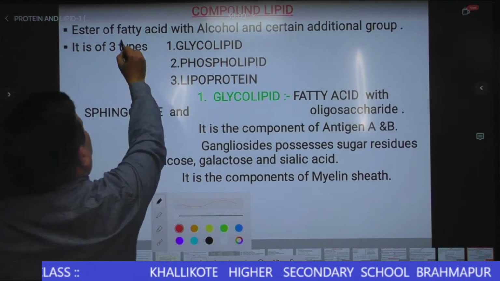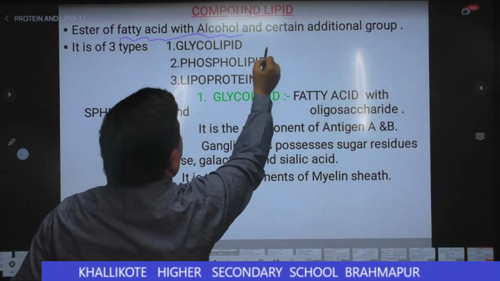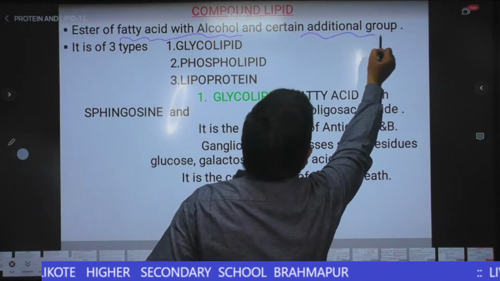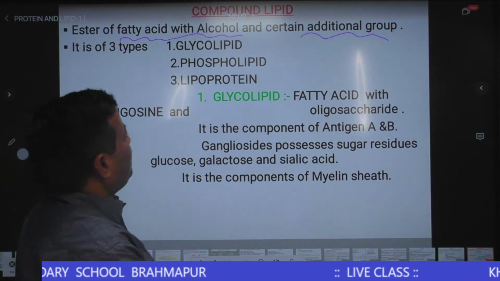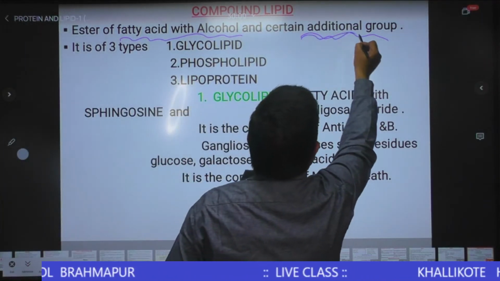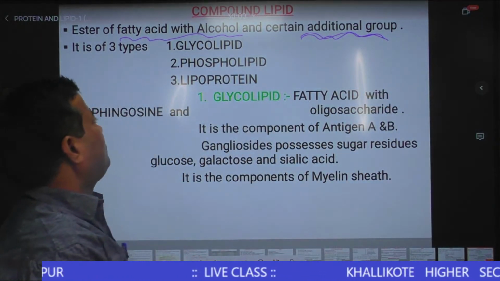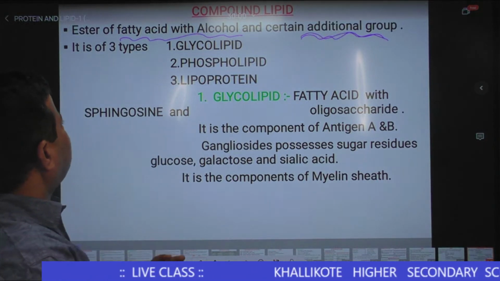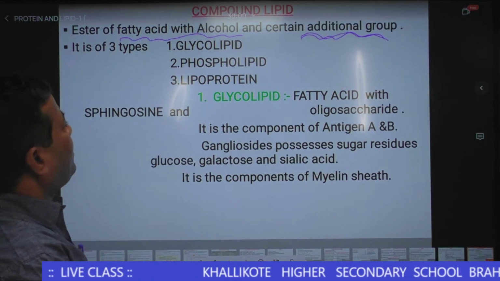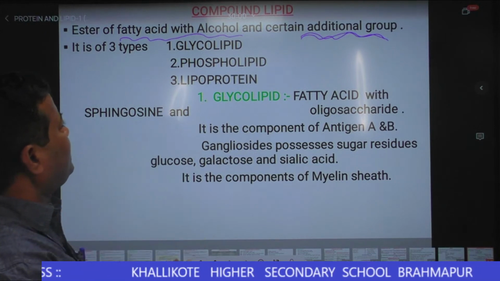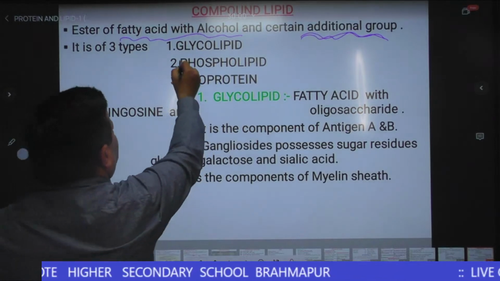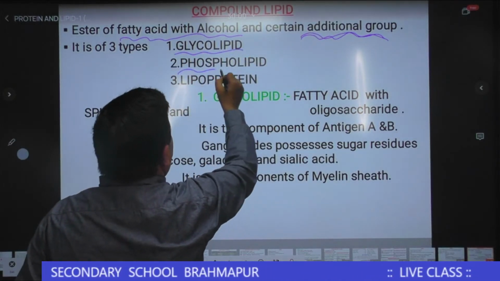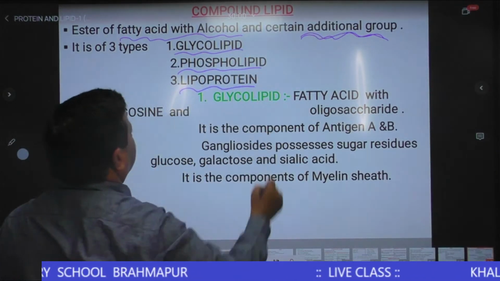Here fatty acid plus alcohol combines with an additional group, that may be phosphoric acid, protein, or any non-protein compound attached with the alcohol group and fatty acid, resulting in the formation of compound lipid. Generally compound lipids are of three types: glycolipid, phospholipid, lipoprotein.